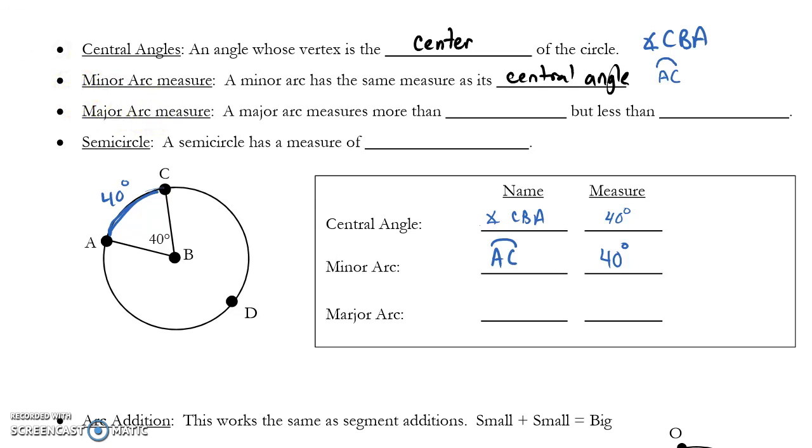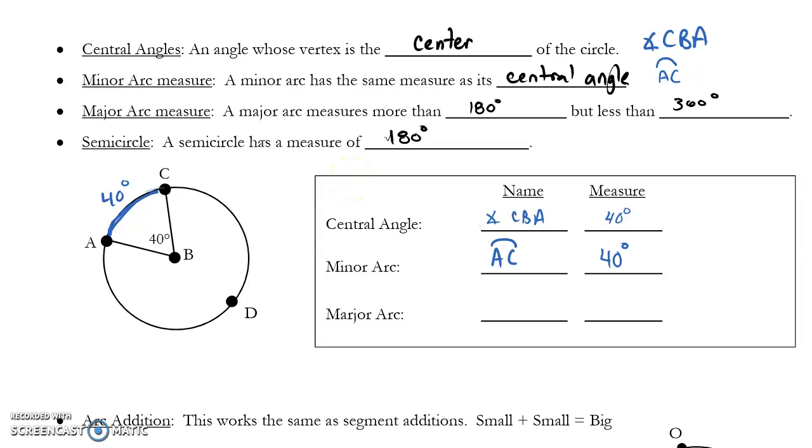A major arc measures more than 180 degrees, but less than 360 degrees. So the major arc is when my arc gets to be more than half of my circle. And a semicircle has exact measure of 180 degrees.